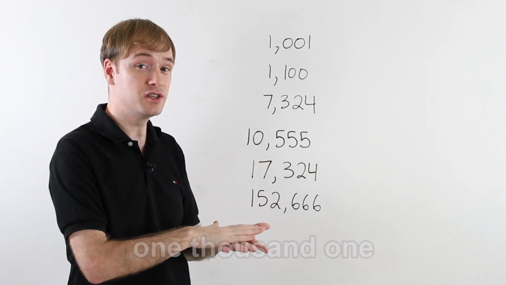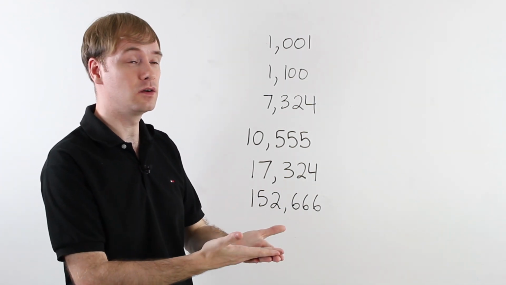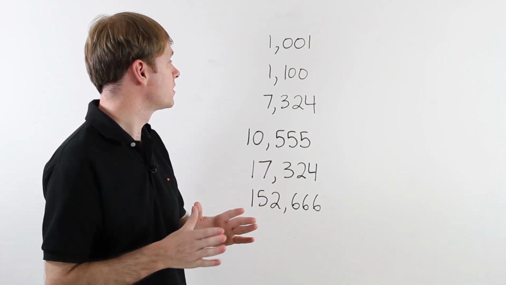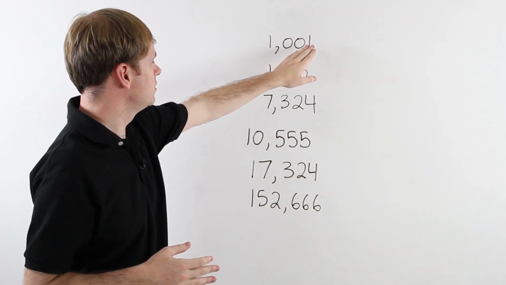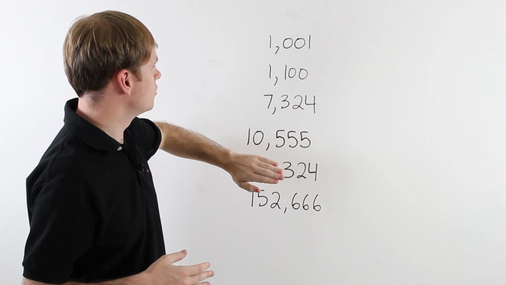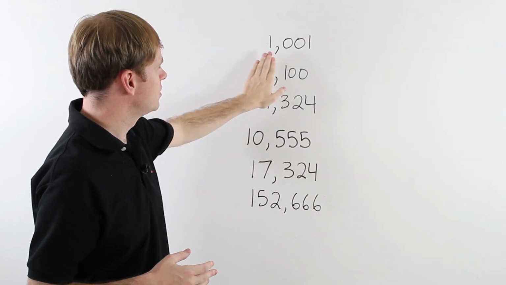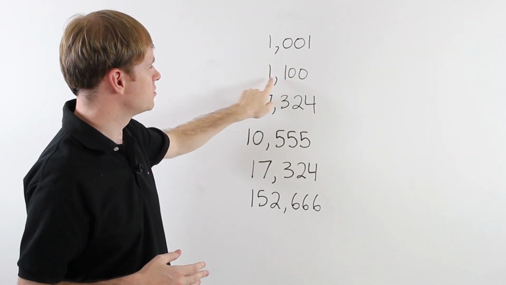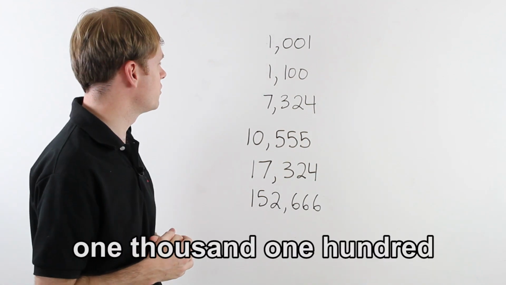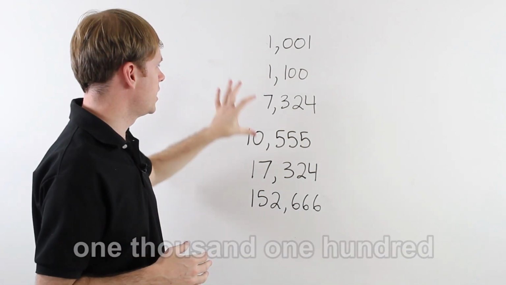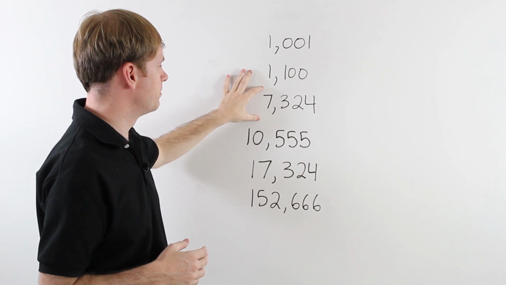If you want to use British style, 1001, okay? Again, doesn't matter. So 1001, let's move up. So we know this is 100, and we know this is 1,100, 1,100.